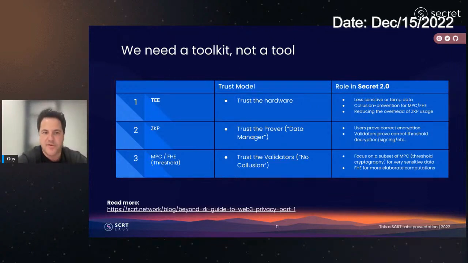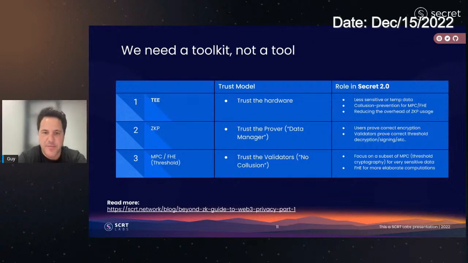So there's this crazy tool set called MPC, which stands for multi-party computation, and FHE, which stands for fully homomorphic encryption. It's kind of nice that all of these acronyms are three-letter acronyms. I don't know if this is intentional or not, but anyway, with MPC and FHE, and I'm talking about a specific part of FHE, which is threshold FHE, at the end of the day, the trust model is that you don't need to trust a single entity, like in the zero knowledge proof situation, but you do have to trust a network.